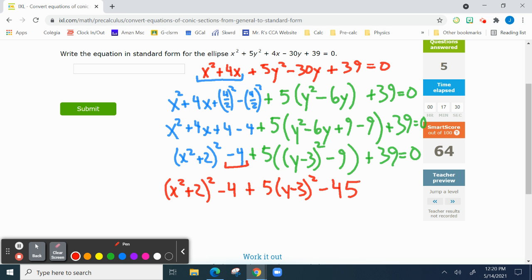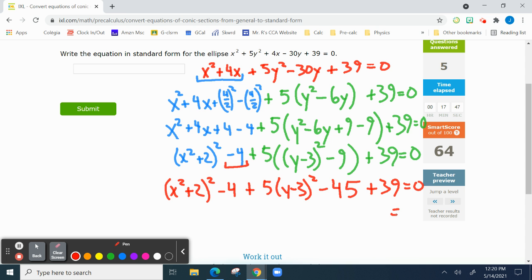Did I do that right? Yes, I think I did. Plus 39 equals 0. All right, so now I got to get the constants over on the other side, right?